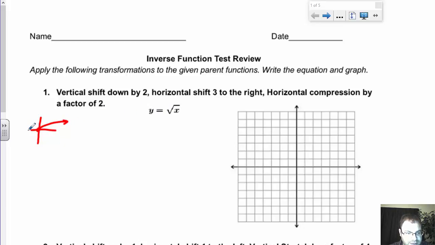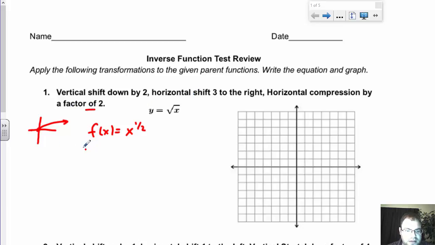So that's a sketch of what that parent function looks like, but let's go ahead and hash out these transformations. First, f of x is equal to x to the power of a half, the same thing as the square root of x. The first thing I want to do is the horizontal compression by a factor of 2.